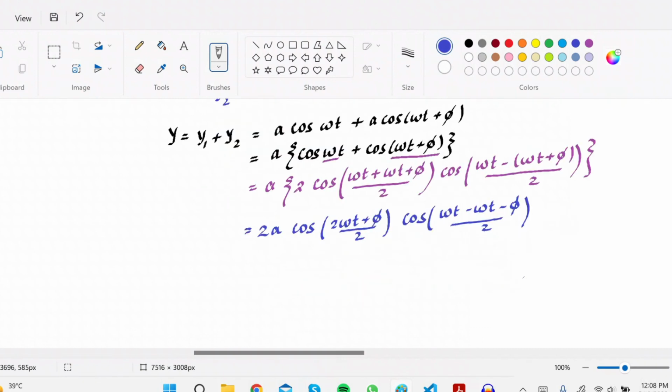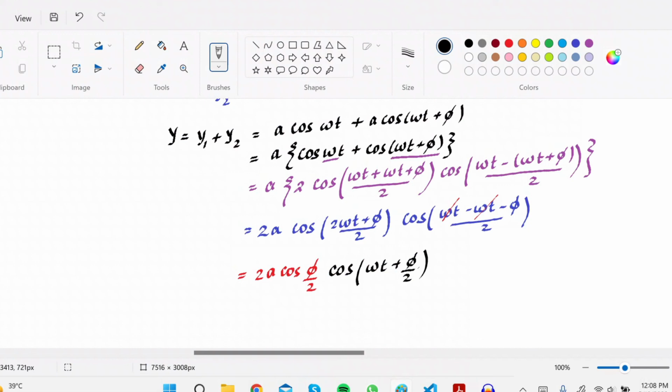Now cos is an even function. Remember that from maths. So cos of minus theta is cos theta. So 2a cos phi by 2 I am writing in front. And the second parameter I am writing here as cos (omega t plus phi by 2).